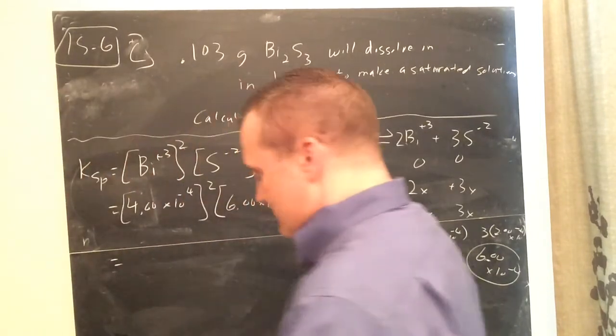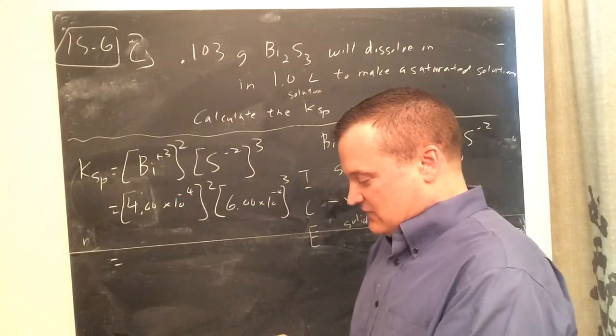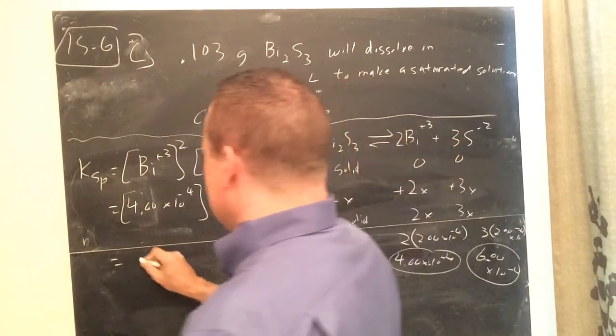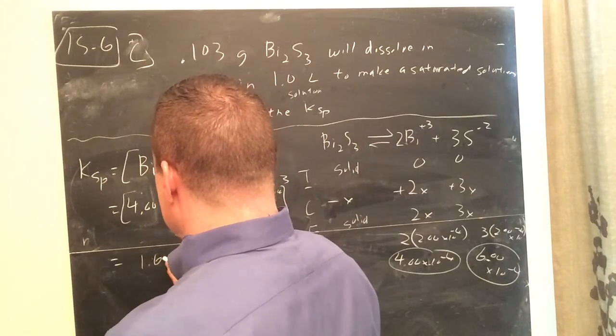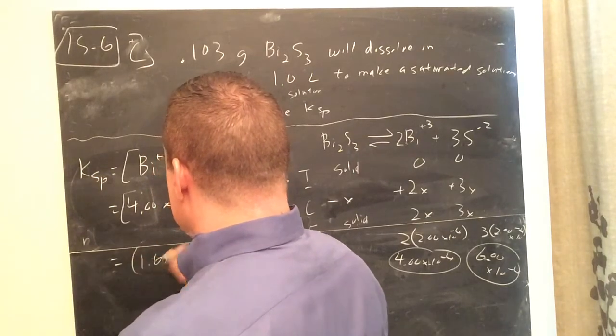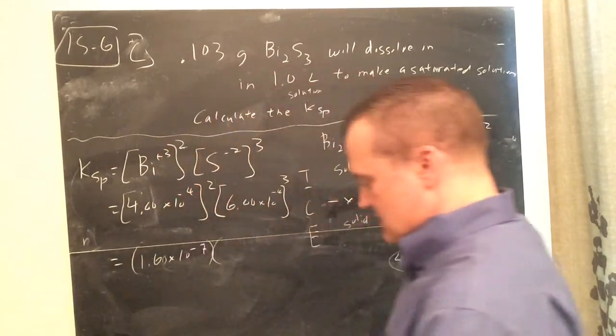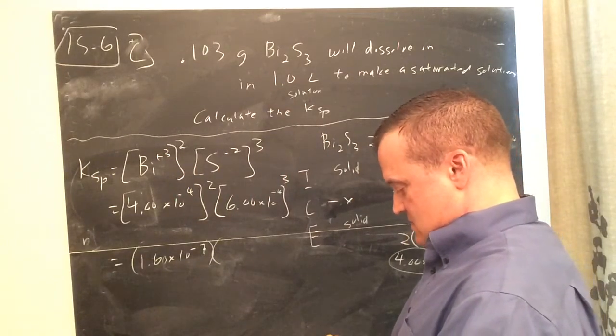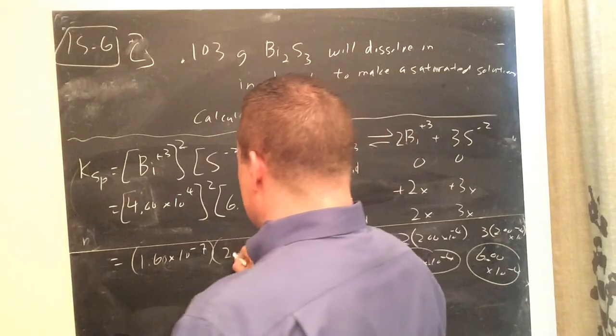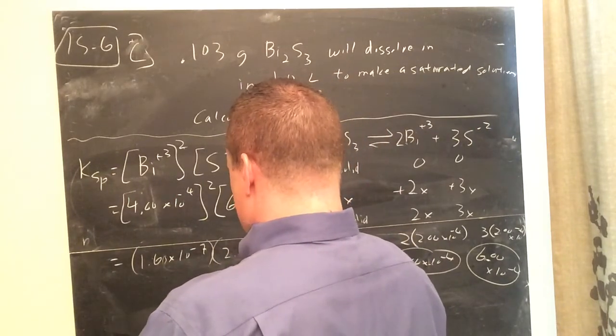You're going to get a small number for sure. 4 times 10 to the negative 4 squared is 1.60 times 10 to the negative 7. And 6 times 10 to the negative 4 cubed is 2.16 times 10 to the negative 10.